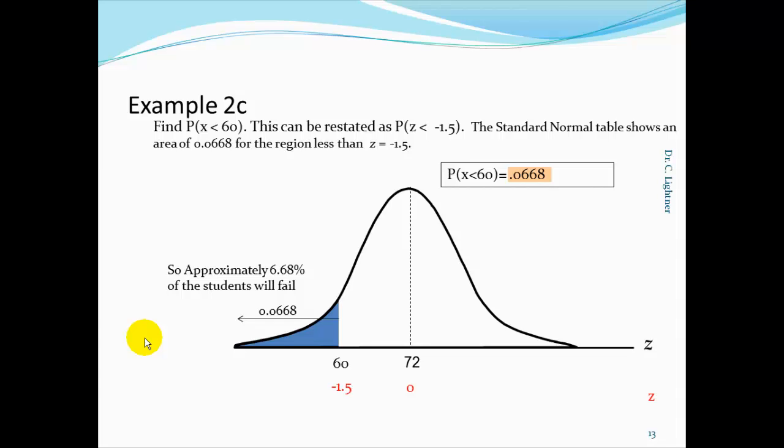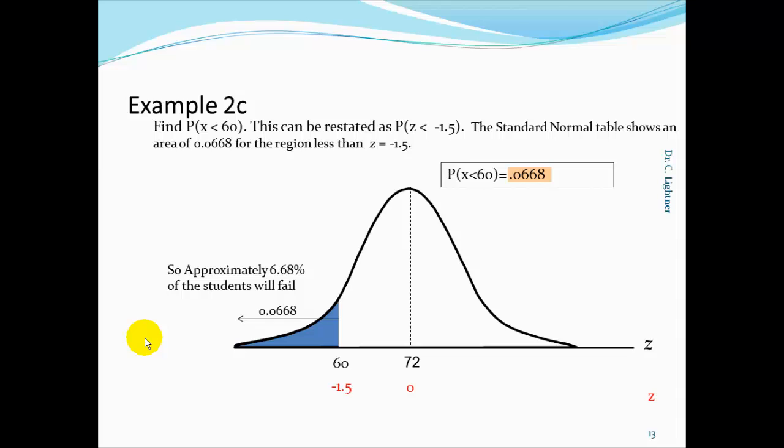Example 2C. Find the probability that X is less than 60. If we compute the z-score for 60 in this problem, we can restate this as the probability that z is less than negative 1.5.